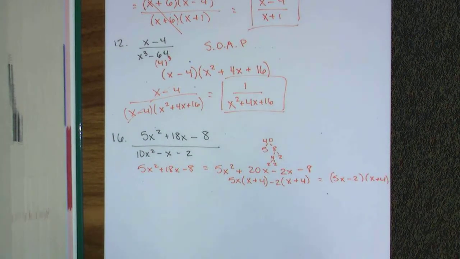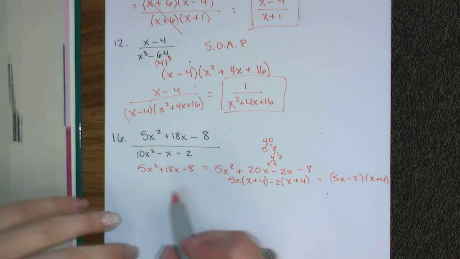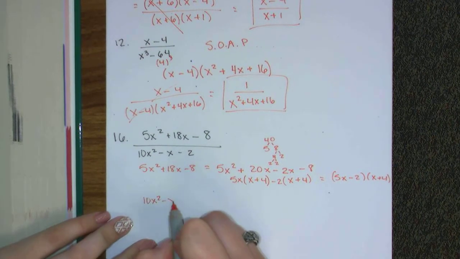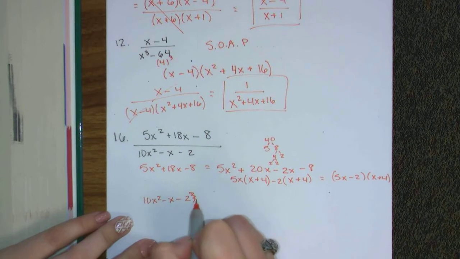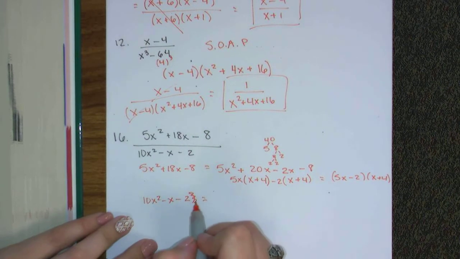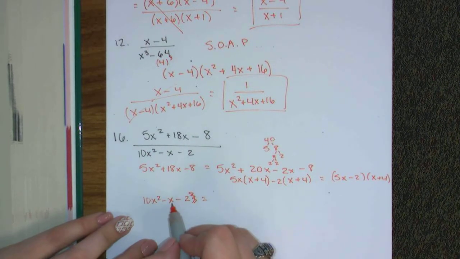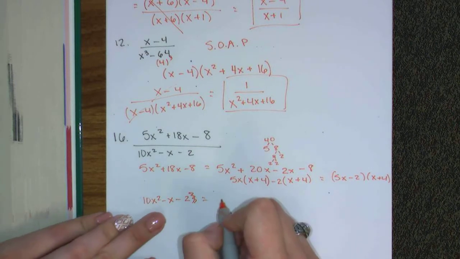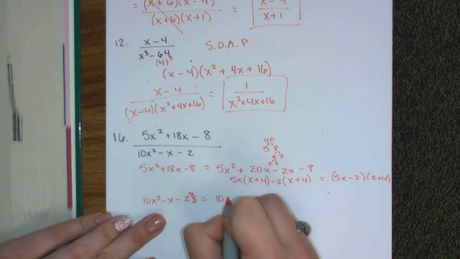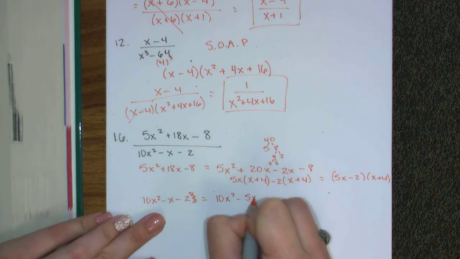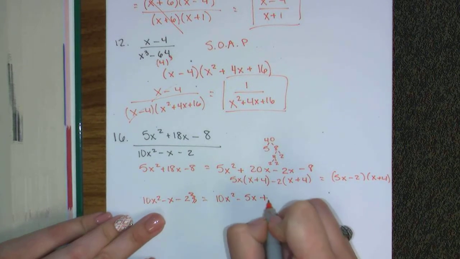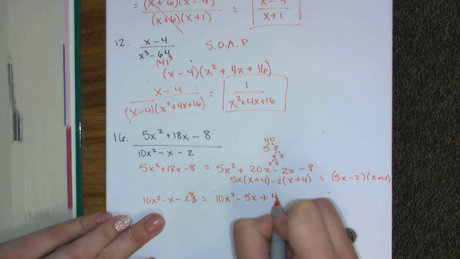So then let's check out this other one here. So 10x squared minus x minus 2 is equal to, let's see, 20. That would work with negative 5 and positive 4, I think. So 10x squared minus 5x plus 4x minus 2.